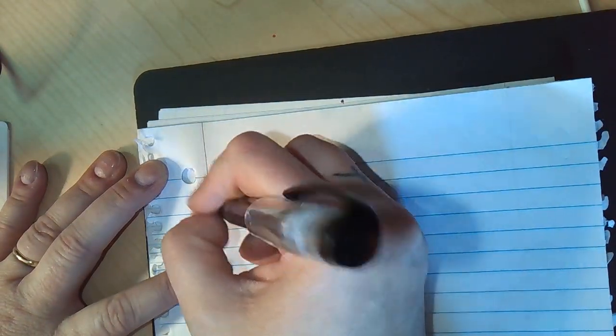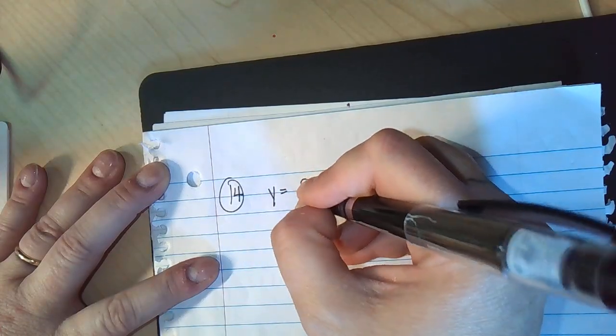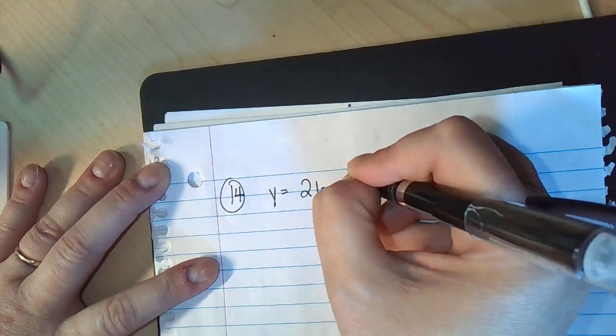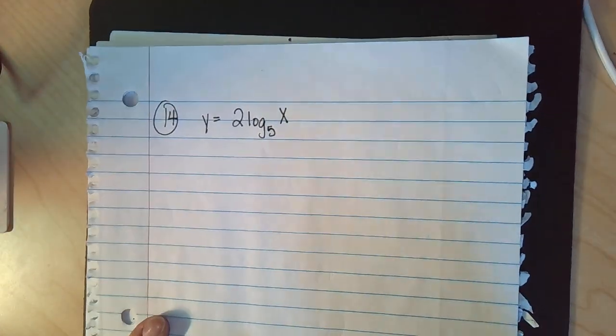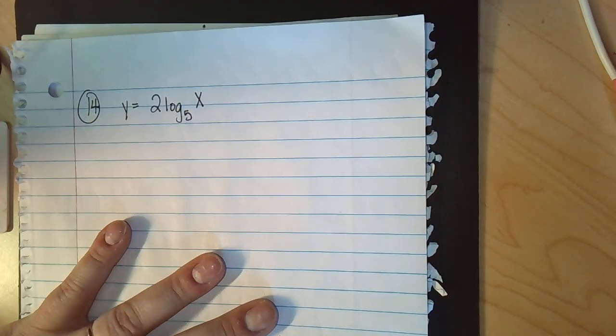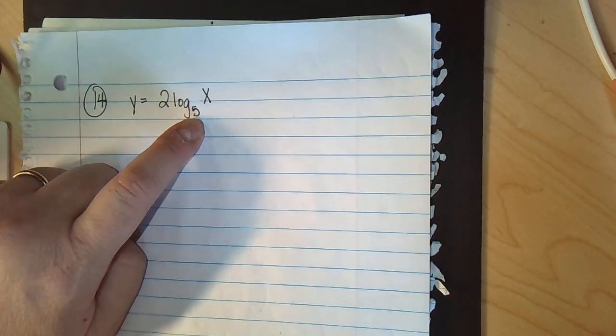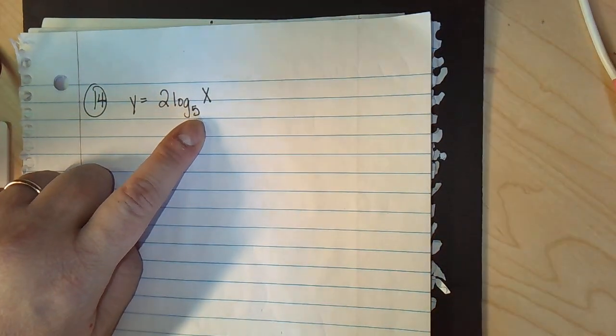Okay, let's go to 14. All right, we have y equals 2 log base 5 of x, where 5 is the base or the subscript.